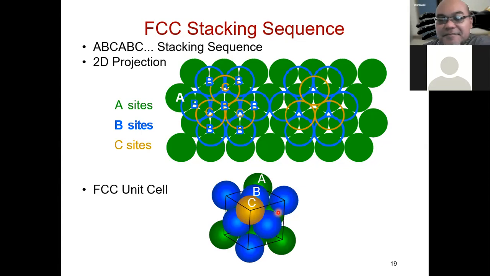Just try. You can annotate the presentation if you'd like, using annotate. What is that plane within that single unit cell?